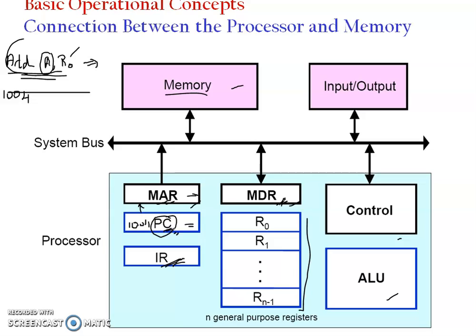After this add operation, the address of the next instruction to be fetched from the program stored in memory will be updated in the PC. It may be 1008, which means a 4-byte instruction. Bytes and related details you will learn in the upcoming classes. Hence the PC gets updated after fetching each instruction from the memory.